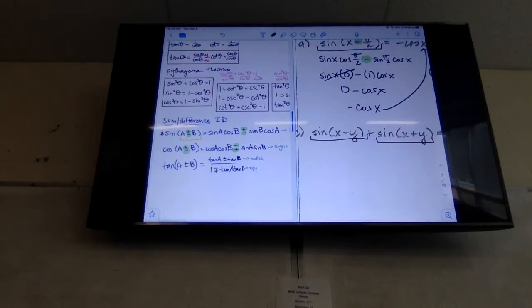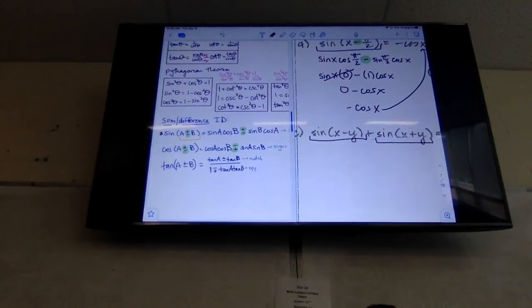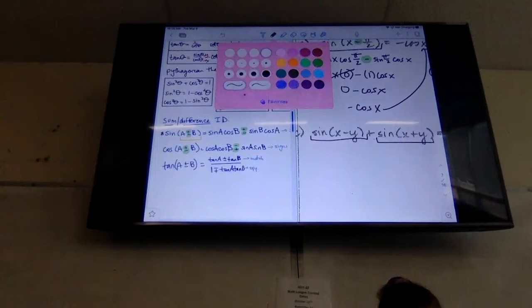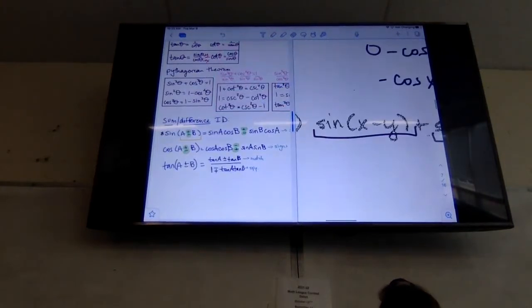Sine of x minus y. See if you can expand those out or cancel. And I'll do it up here so you can watch me, and I'll do it in different colors so you see which one I'm looking at.